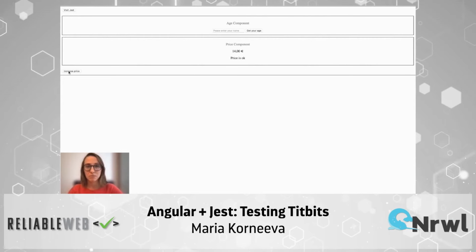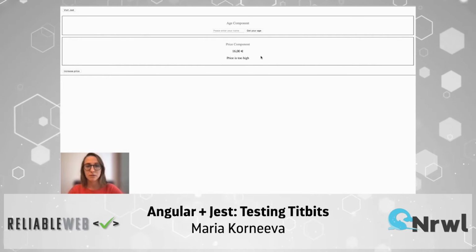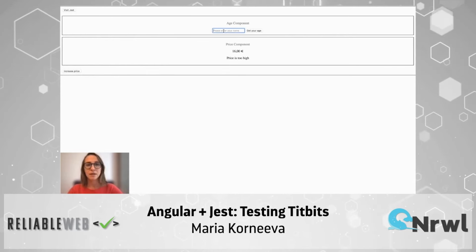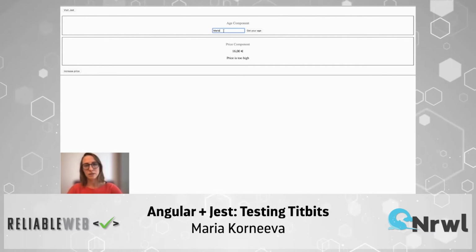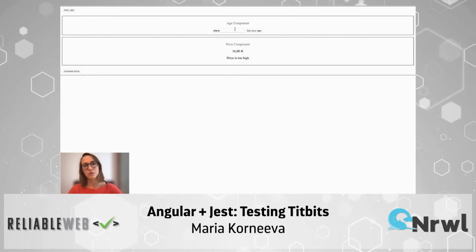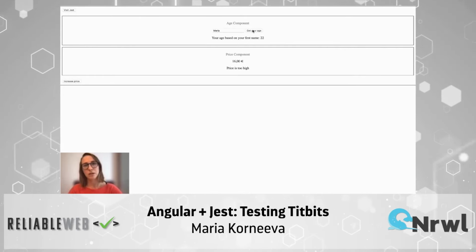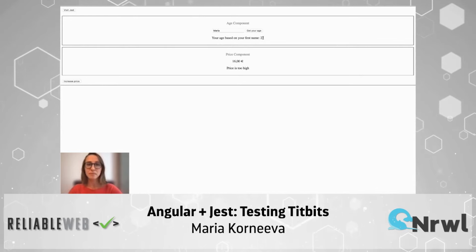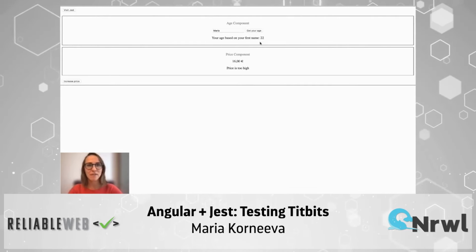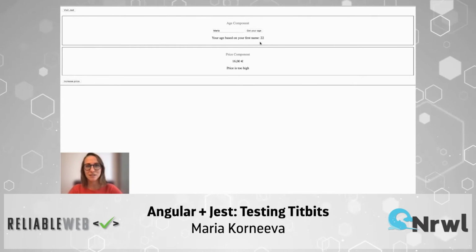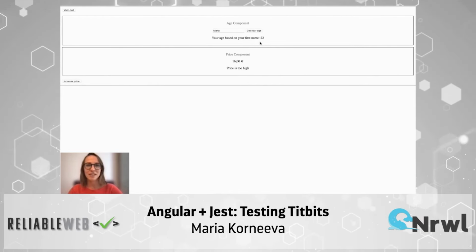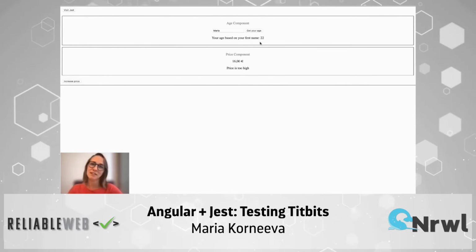And if we keep pressing, then we see also some opinion regarding this price. In the age component, we can enter the name, and then the request goes to the API, which calculates your age based on the name. So don't ask me about the business value of this application. It's just a bunch of methods that we want to test during this talk.